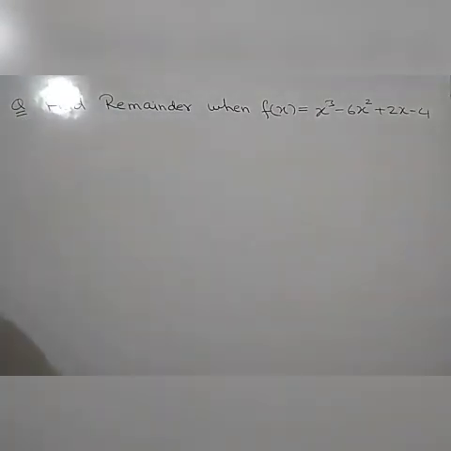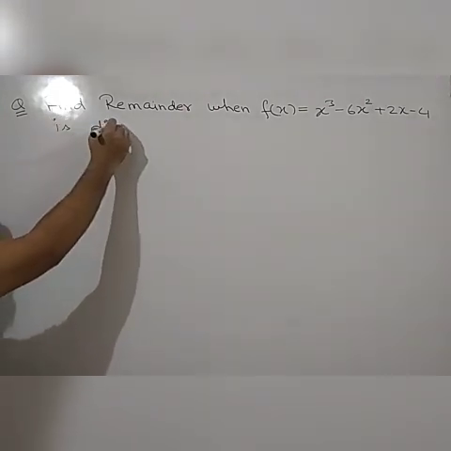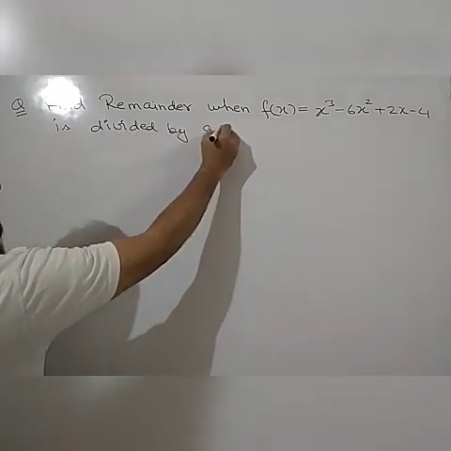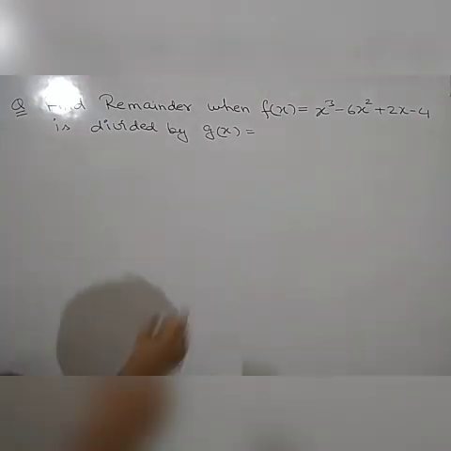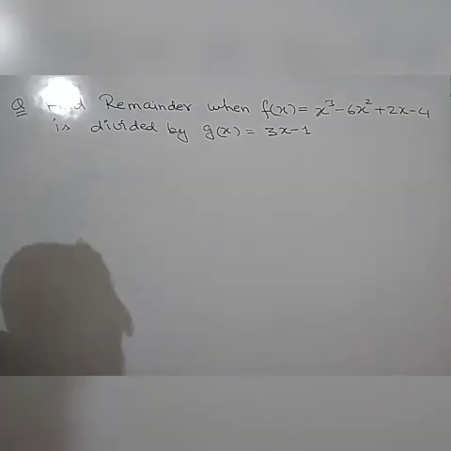This is the polynomial f(x). x cube minus 6x square plus 2x minus 4 is divided by g(x) is equal to 3x minus 1.